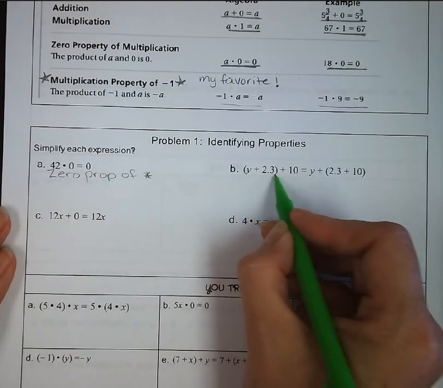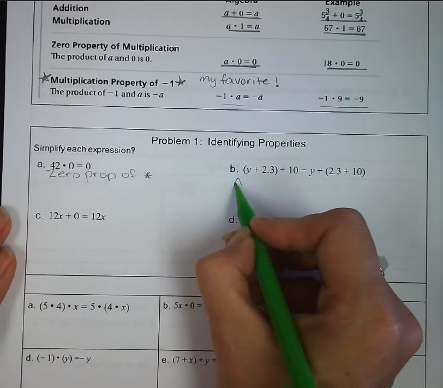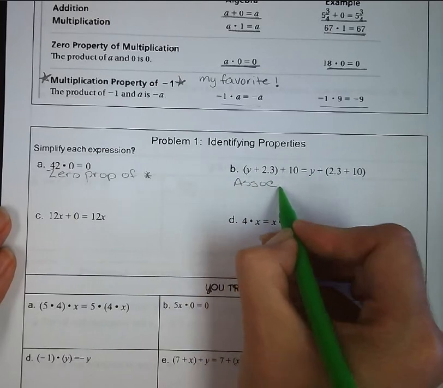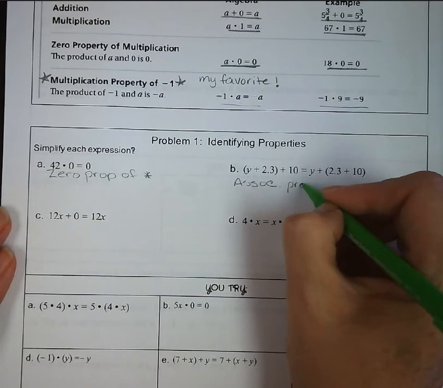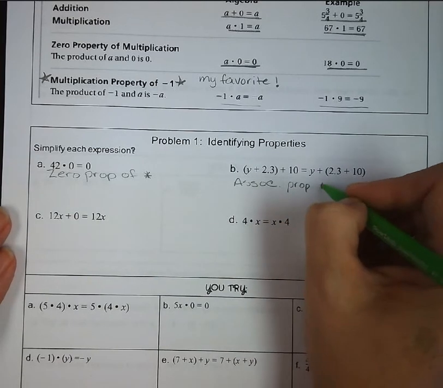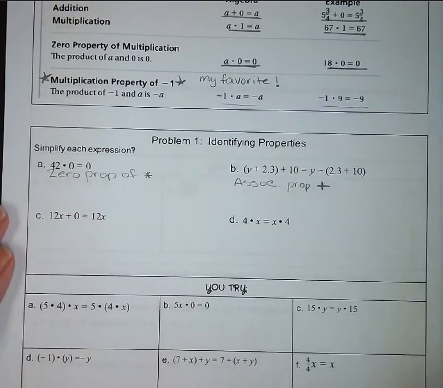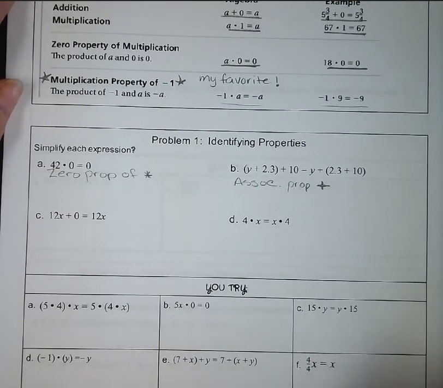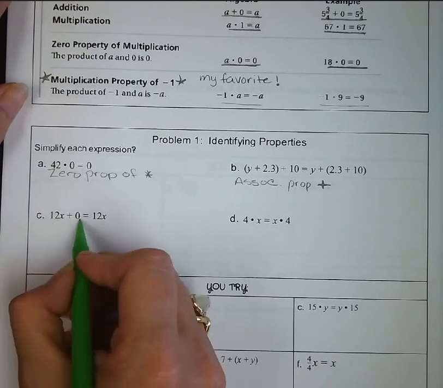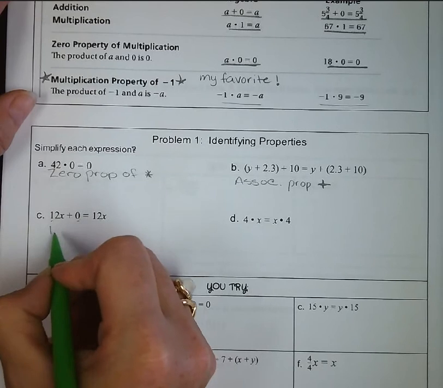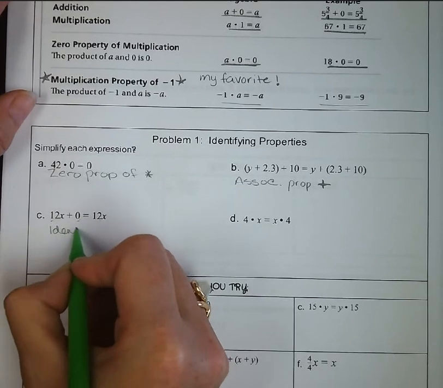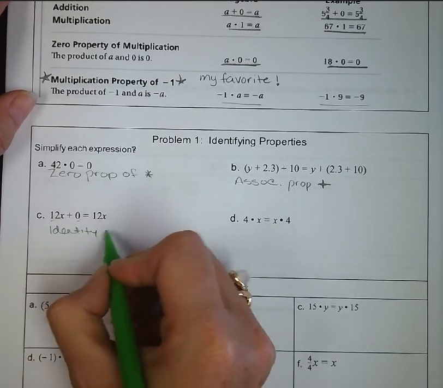We've got y plus 2.3, the quantity, plus 10, and y plus the quantity, 2.3 plus 10. Associative property of addition. Don't abbreviate associative too much. All right, 12x plus 0 is equal to 12x. Hey, that looks like an identity property of addition. Adding 0 to it doesn't change the sum.